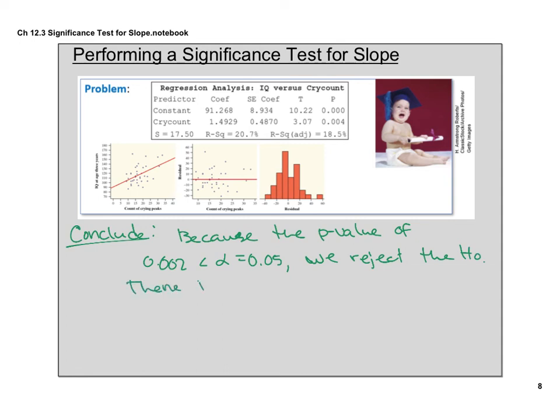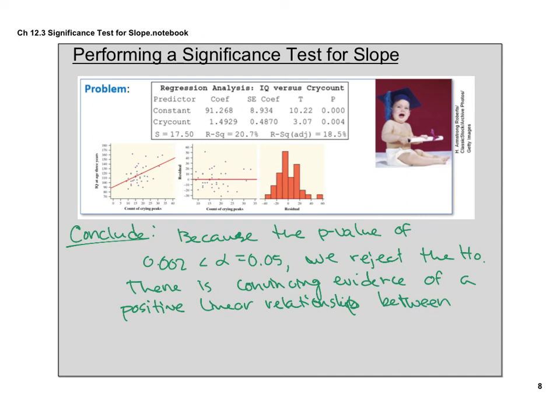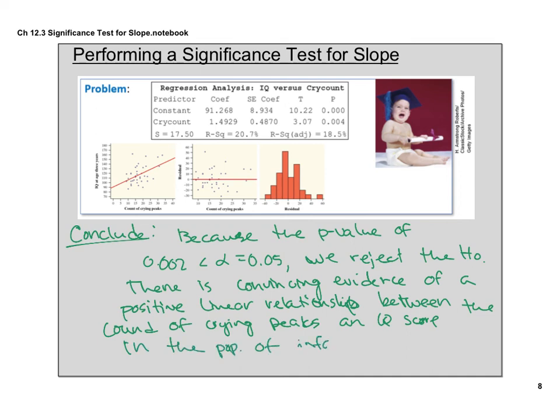There is convincing evidence of a positive linear relationship between the count of crying peaks and IQ score in the population of infants. All right, state, plan, do, conclude, and we found convincing evidence.